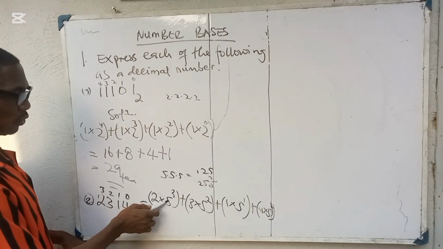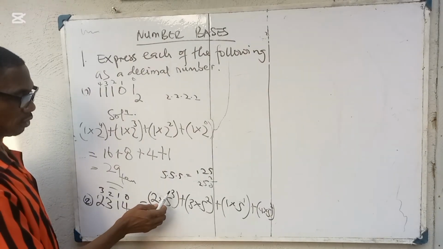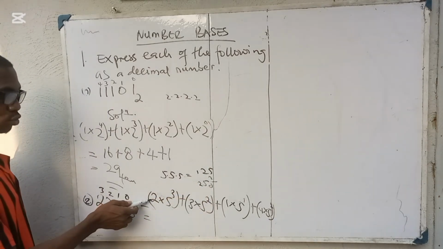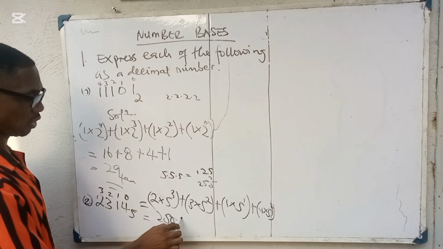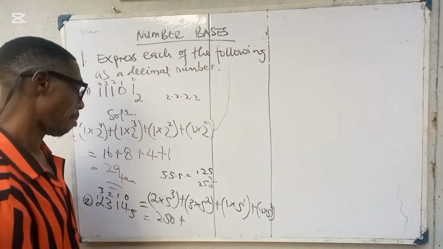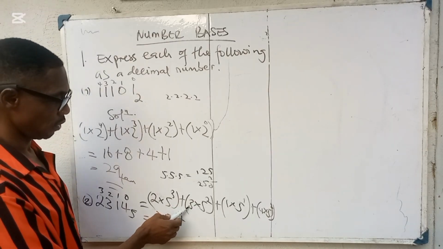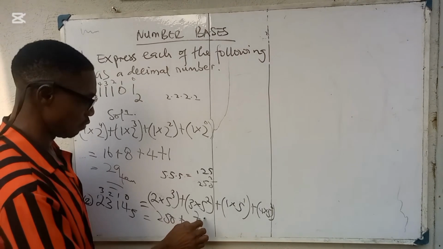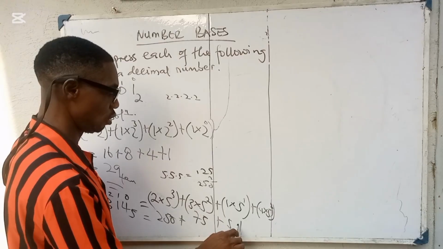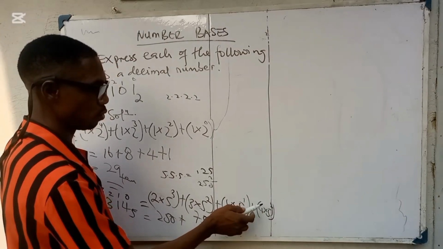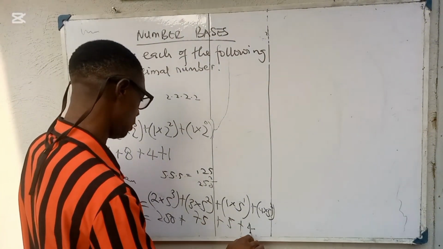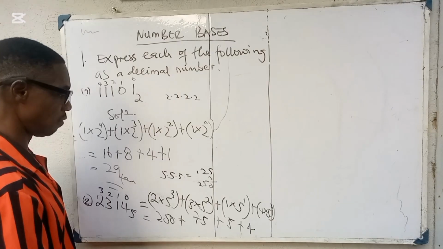Here, 5 raised to power 3 means 5 times 5 times 5, which is 125, times 2, gives you 250, plus 5 raised to power 2 is 25 times 3, that gives us 75, plus 5 raised to power 1 is 5 times 1, 5, plus 5 raised to power 0 is 1. Any number raised to power of 0 is 1, times 4. That is 4.